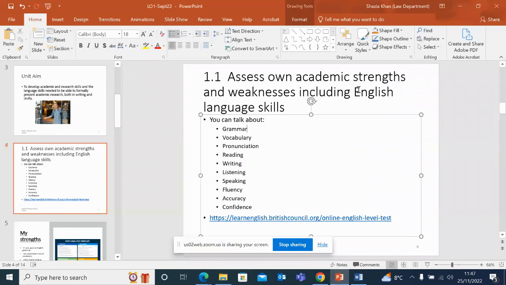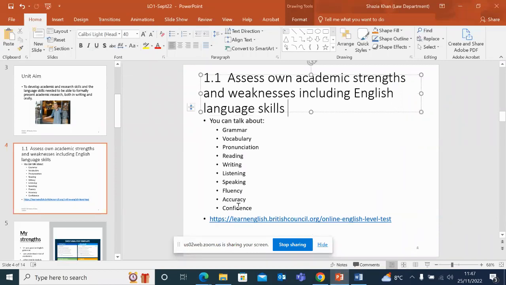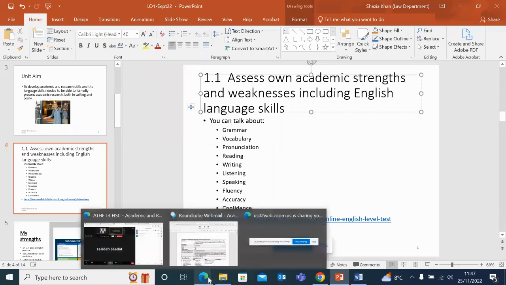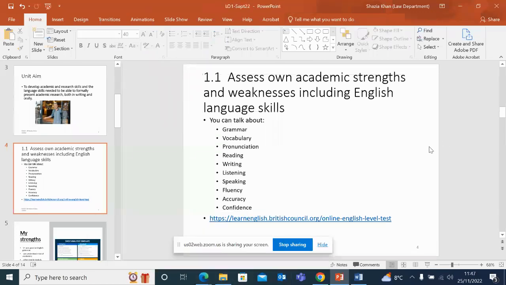Hussein, what do you think? Why do you think it's important to have good skills, orally and in writing? Yes, to communicate better. Yeah, communication is important, isn't it?